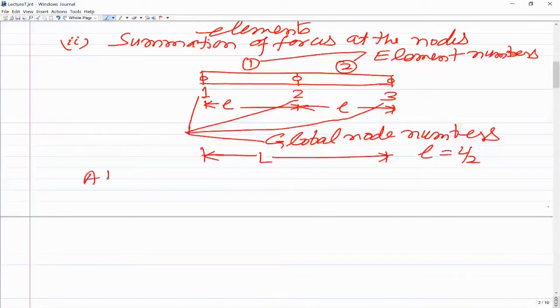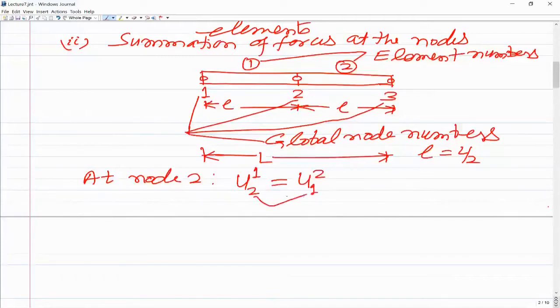So the first concept is imposition of the continuity of displacement, and that would be at node 2. Essentially what we are going to do is that u2 coming from the first element is equal to u1 from the second element. These 1 and 2 are the local node numbers here, and these are the element numbers. So this is the continuity of the displacement.